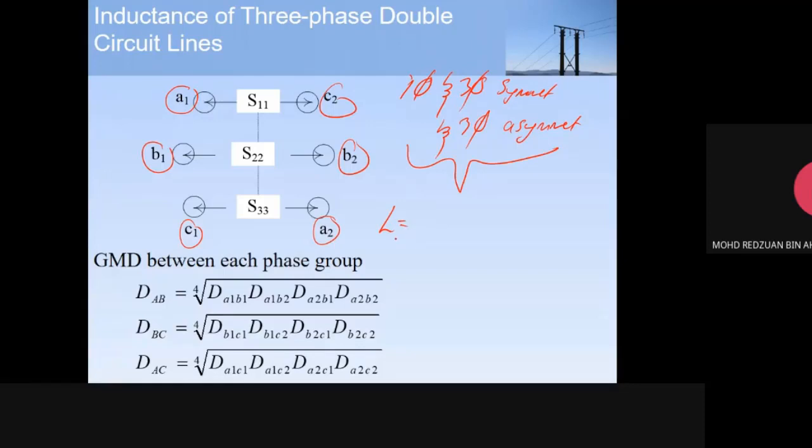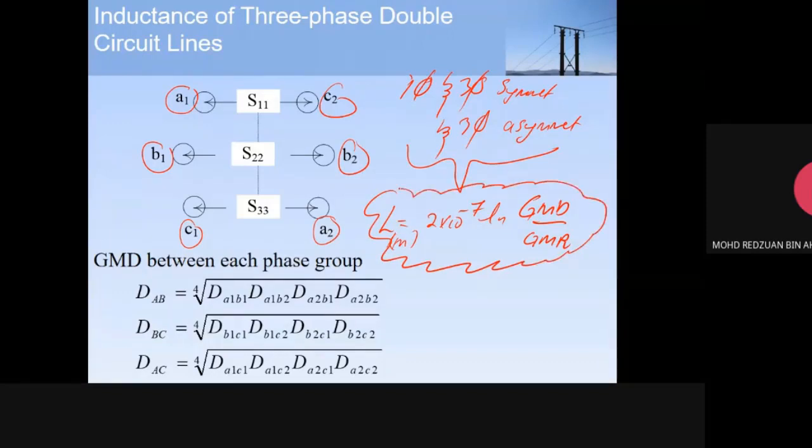Inductance per meter equals 2 times 10 to the minus 7 ln GMD over GMR. This is the general equation to calculate inductance for single phase, three phase symmetrical, and three phase asymmetrical transmission lines.